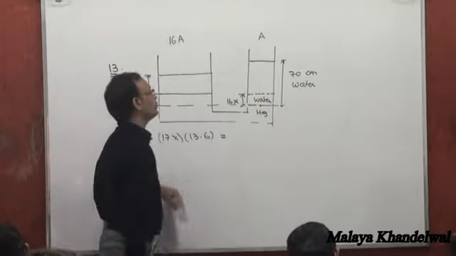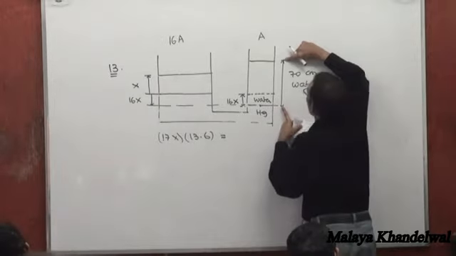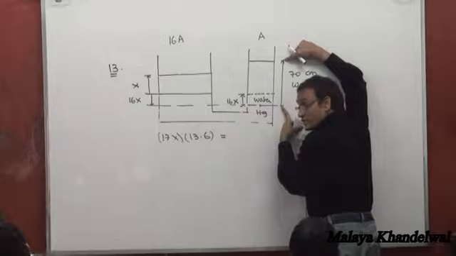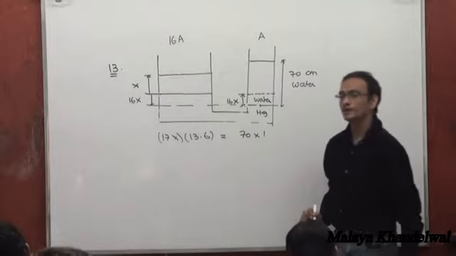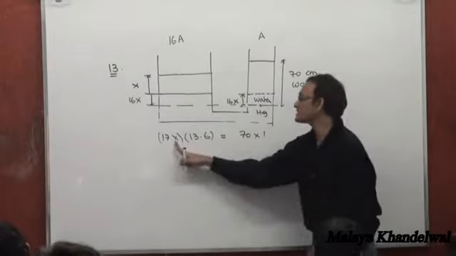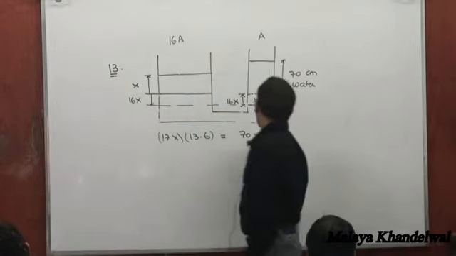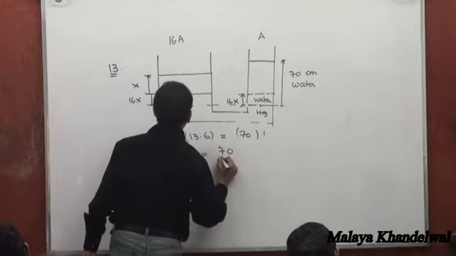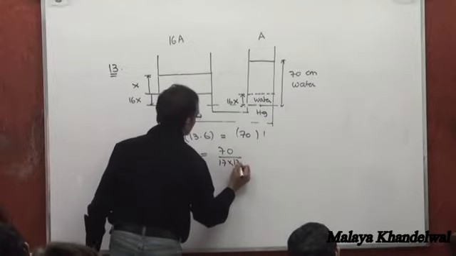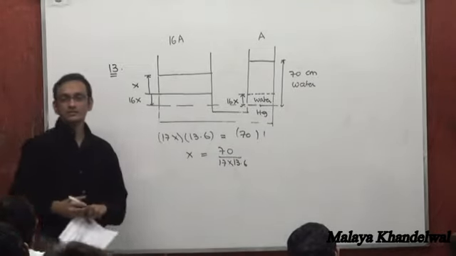That must be equal to the pressure exerted by 70 centimeters of water here, 70 into 1. So x can be obtained. 70 divided by 17 into 13.6. These many.